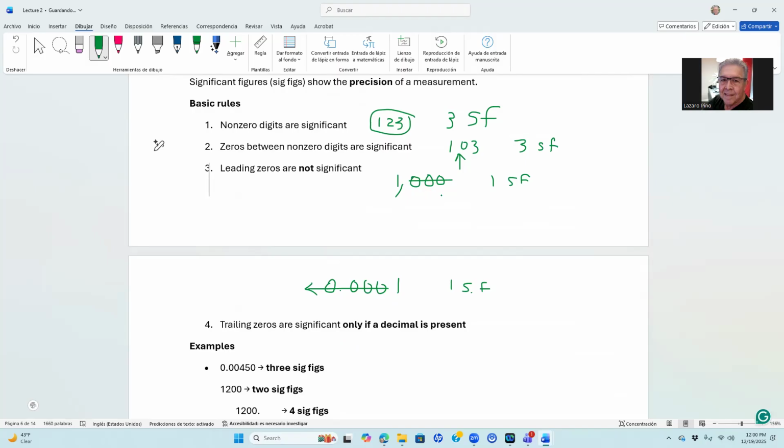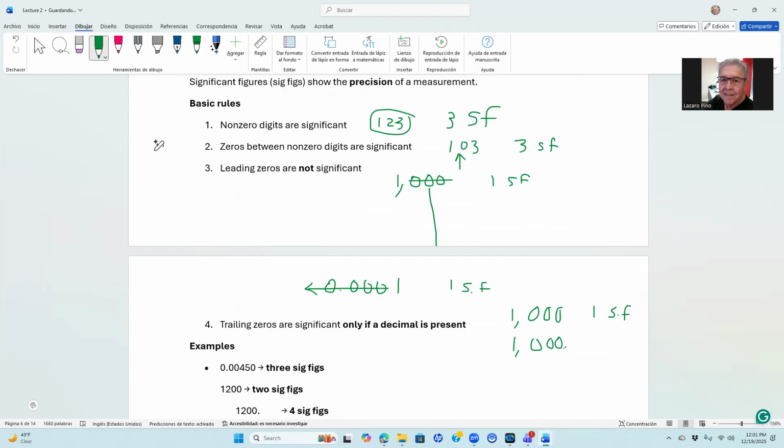But, for example, in this number that I gave you before, 1,000, I told you that 1,000 has only one significant figure. But what happens if I put a dot here?